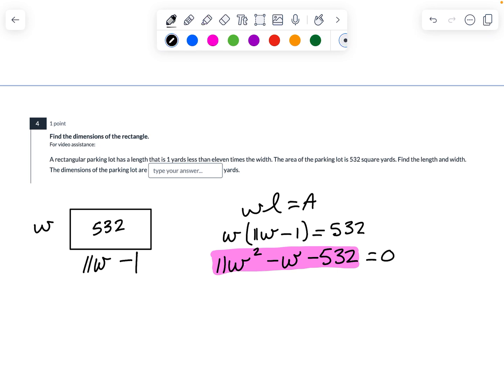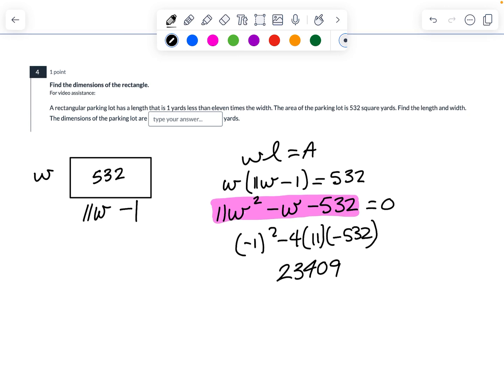And the discriminant is negative 1 squared minus 4 times A times C. That comes out to be 1 plus 44 times 532, 23,409.